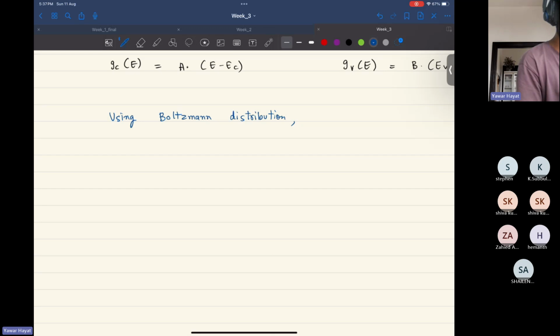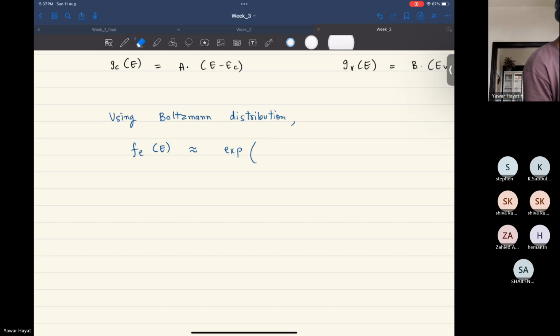So since we're asked to assume the Boltzmann distribution, we'll have this Fe of E. What is the Boltzmann distribution? It's negative exponential of that, right? See, this is exponential of minus E minus EF by KT.